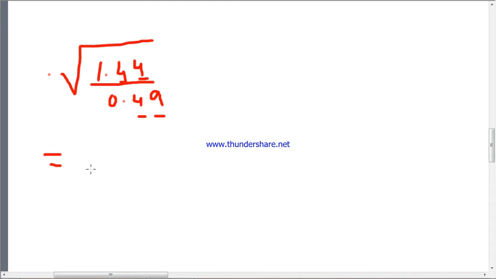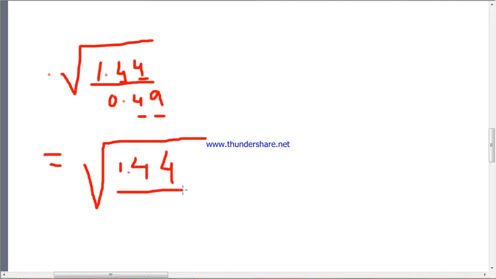In order to get rid of the decimal, you need to multiply both the numerator and the denominator by 100. Why 100? Because we have 2 places of decimals in both the numerator as well as the denominator. This will help us get rid of decimals.